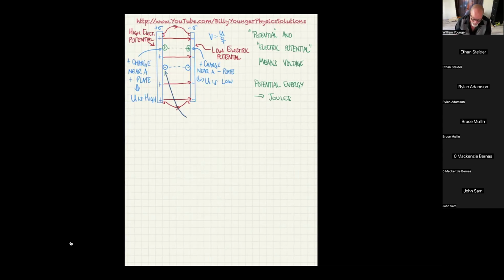That's going to correspond to a place at which we have a negative charge next to a positive plate. And remember, opposites attract, so this negative charge is going to be quite comfortable. So we're going to say this is a low potential energy.